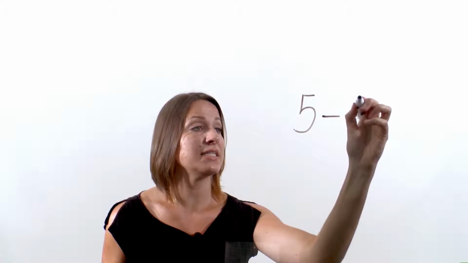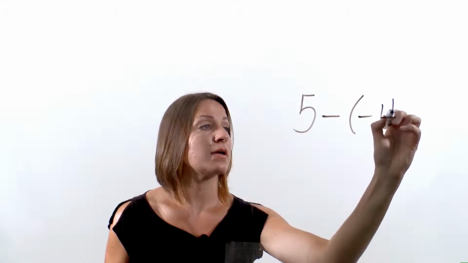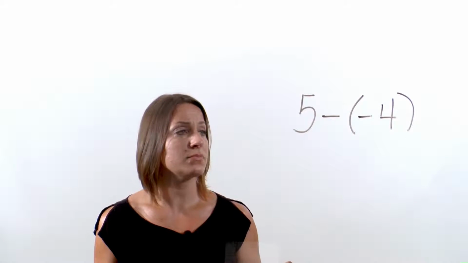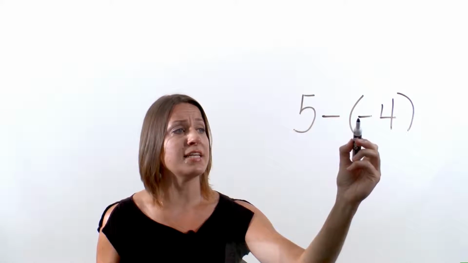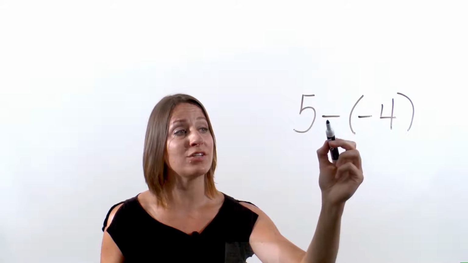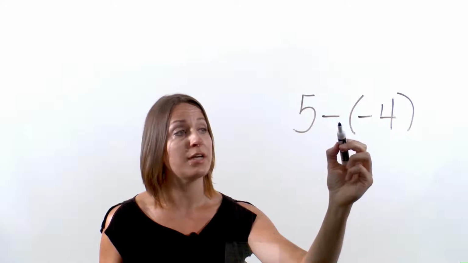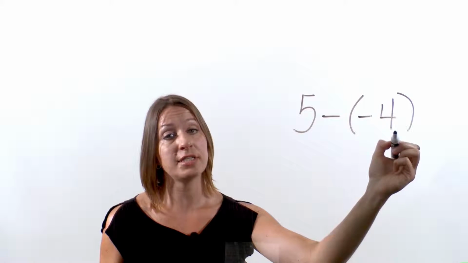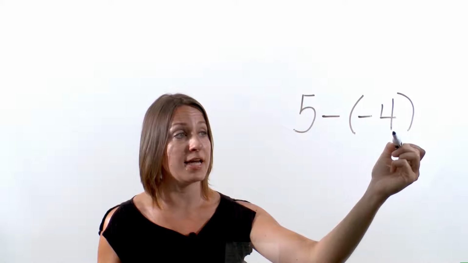So let's do another example. Let's say we have 5 minus a negative 4. Notice again that the negative sign for the 4 looks a lot like that subtraction sign, but there should be a set of parentheses around the number that's negative.